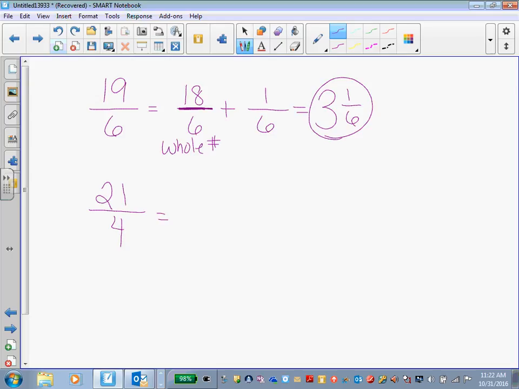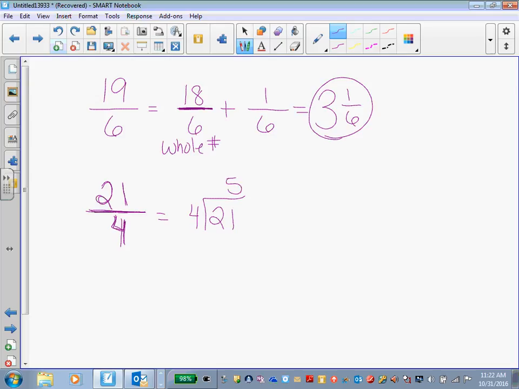Alright, everybody look up here. 21 divided by 4. 21 divided by 4. 4 can go into 21 how many times? 5.